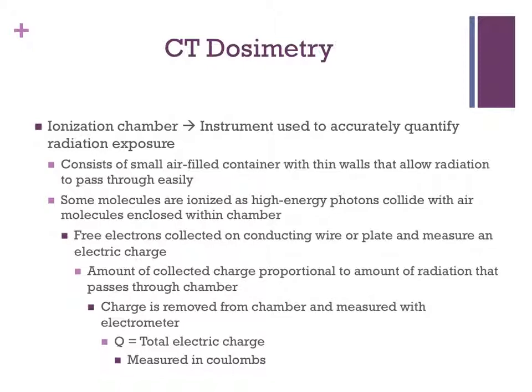The amount of collected charge is proportional to the amount of ionization, which is proportional to the amount of radiation that passes through the chamber. The charge is removed from the ionization chamber and measured with a very sensitive instrument known as the electrometer. The total electric charge generated by the X-ray beam is represented by Q and measured in coulombs.